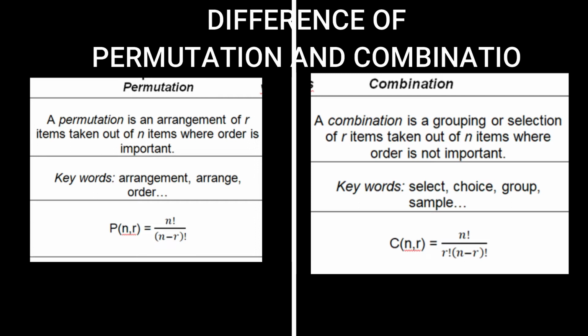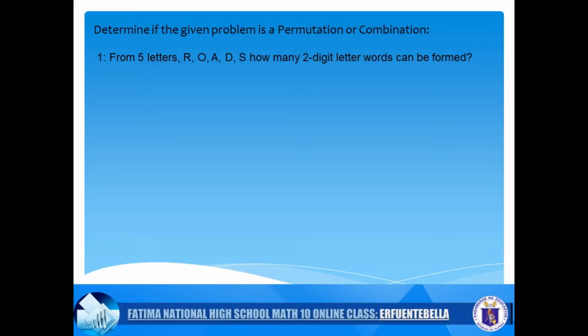Okay? So, this time, let us solve more examples for permutation and combination so that we will learn more how to differentiate combination and permutation. Okay, so let's take this example.